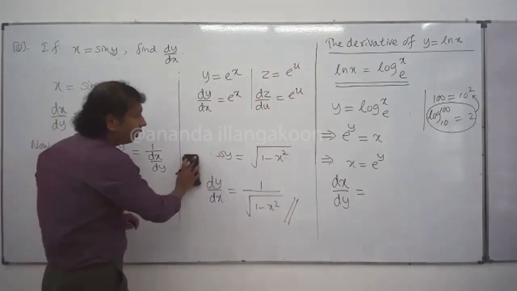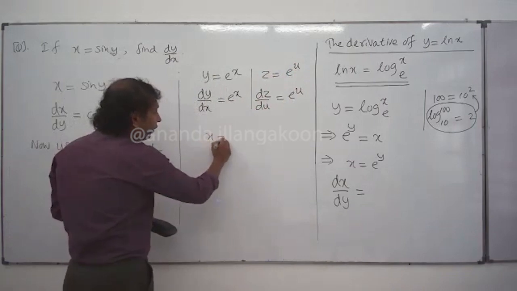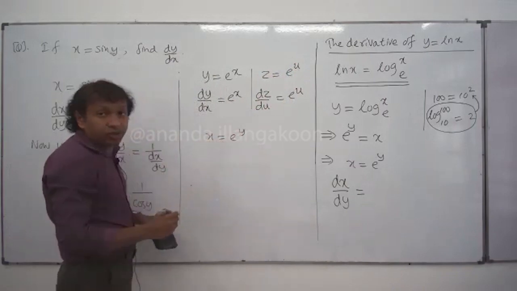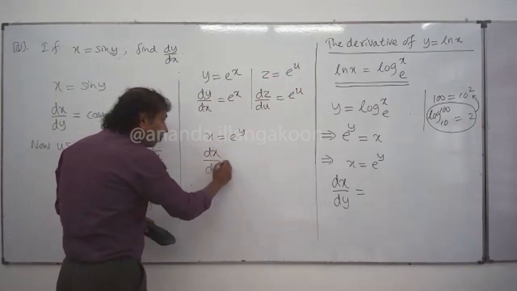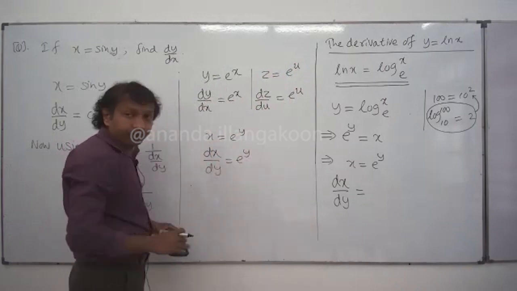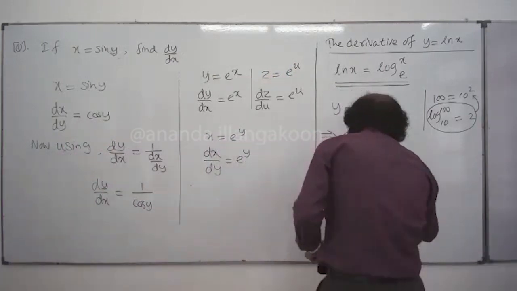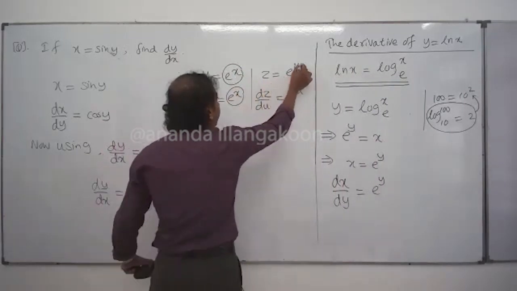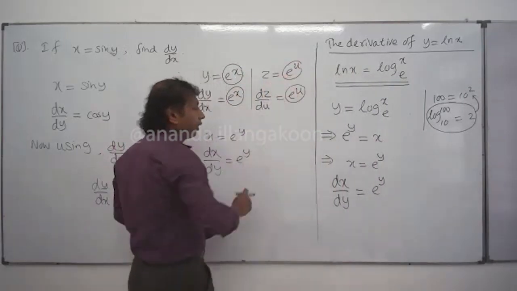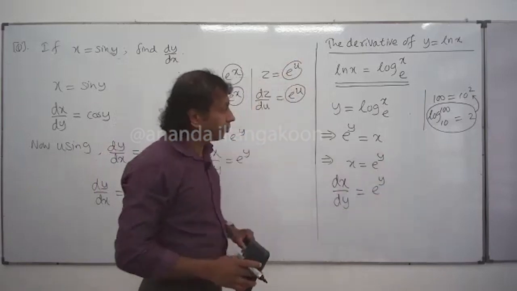Understood? And like that, when x equals e to the power y, dx upon dy should come as again e to the power y. Why? After differentiating the e^x function, the same answer comes. That's the reason. Like that here, dx upon dy is equal to e to the power y.